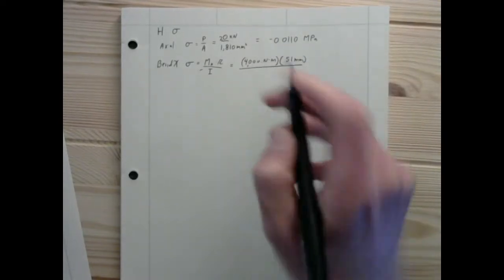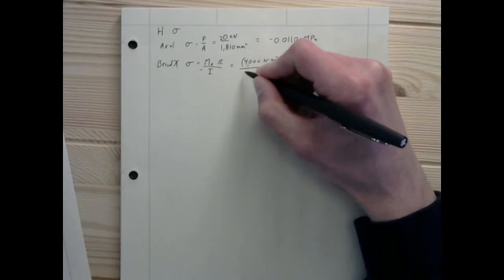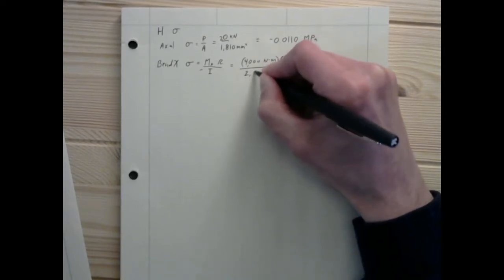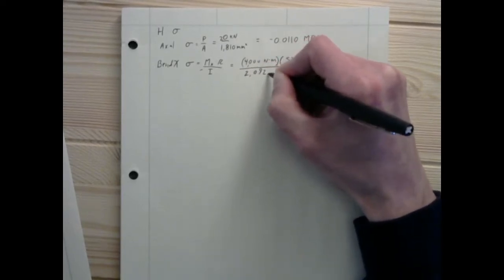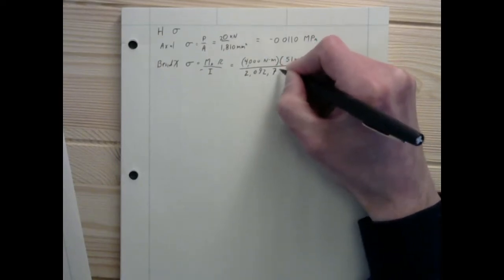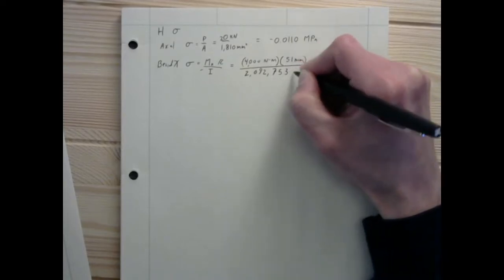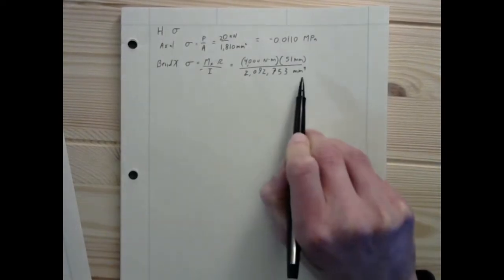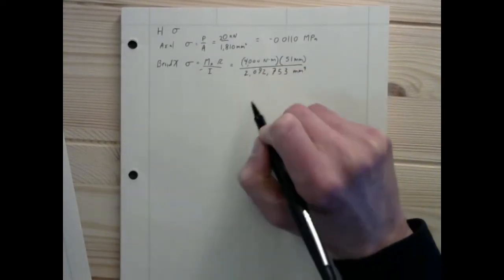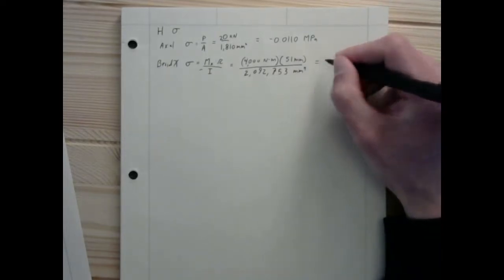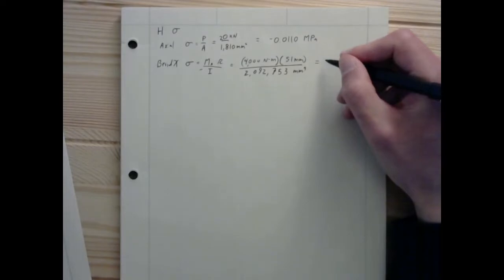We divide that by our ludicrously large value for our second moment, 2,092,753 millimeters to the fourth. I realize that we don't have to use millimeters to the fourth for everything. We could use meters to the fourth. That would be a much smaller number, but we'd still want to have quite a few decimal places for that.